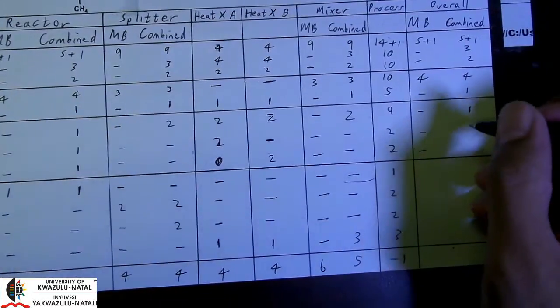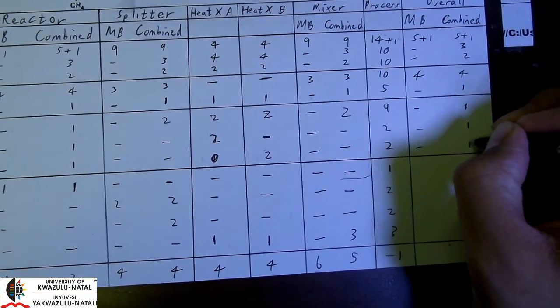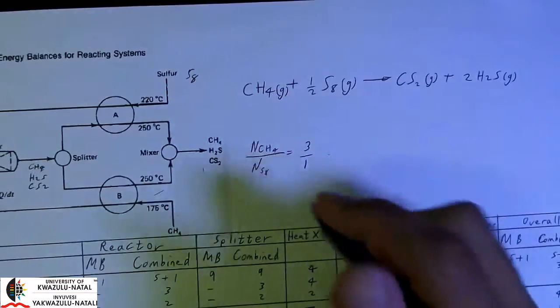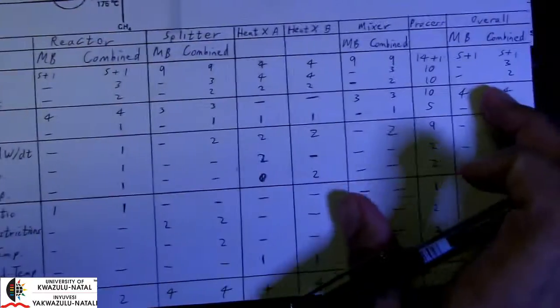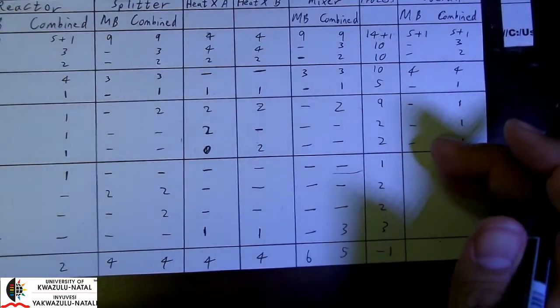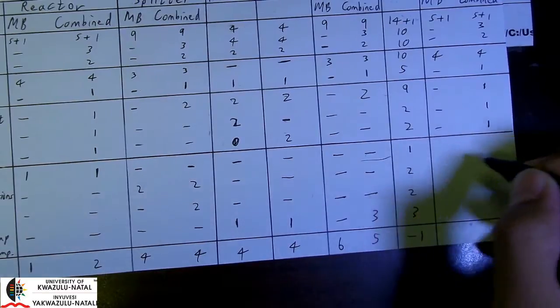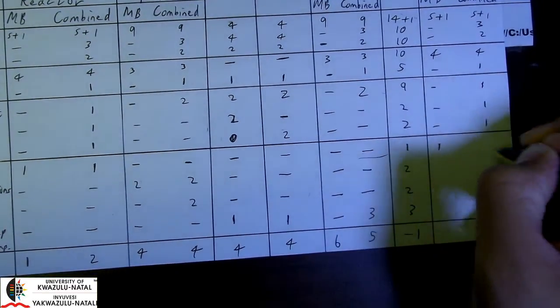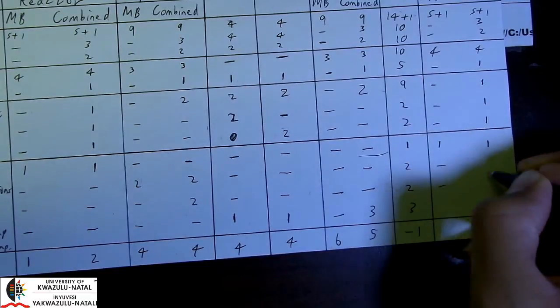I know my sulfur temperature and I also know my methane temperature. Okay, so that's that and that there. My feed ratio also counts as a subsidiary relation here. It's relating both of my feed streams. Splitter restrictions don't count.